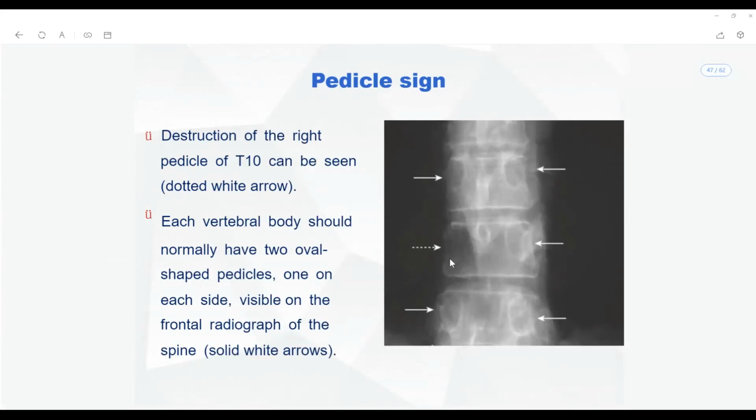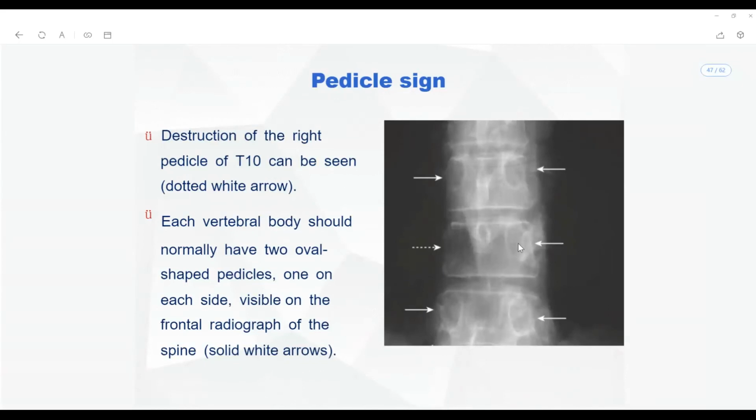The thing is that you can see here along the T10 vertebra, I can see that the pedicle has got complete loss of trabecular density. So this is suggesting pedicular destruction, where the pedicles should look oval in shape on each side, but here I can only see one oval shape present on the left side, right?